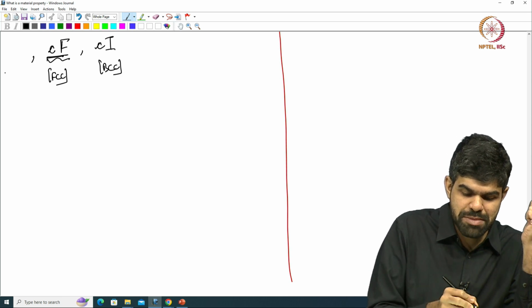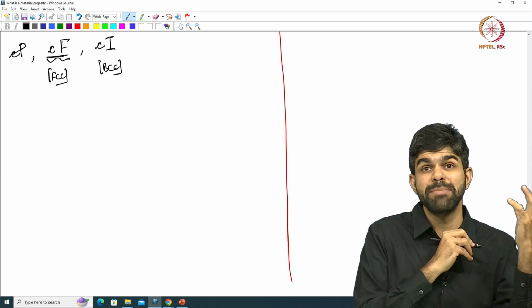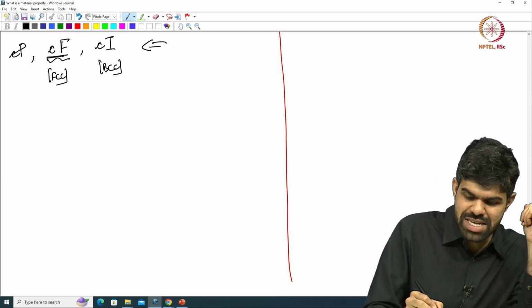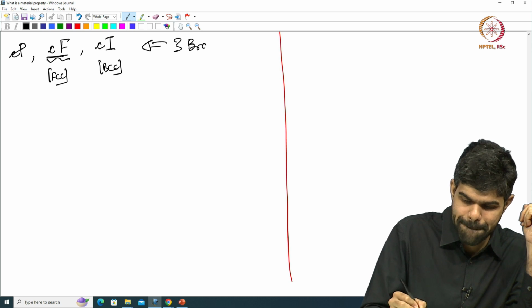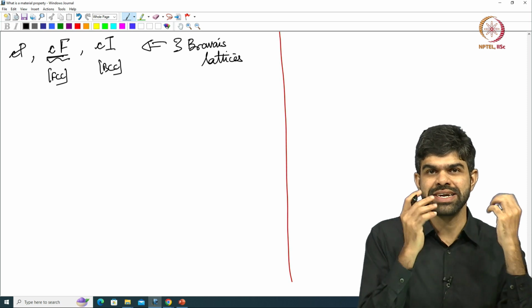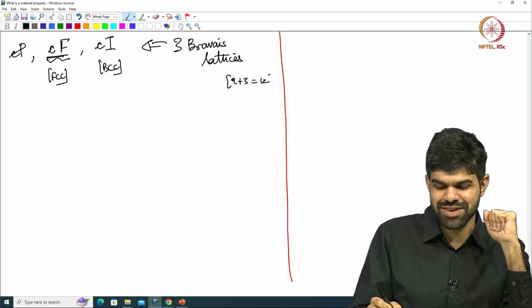You can also have a primitive cell, right. So, CP is the primitive cell, right. So, that is a simple cubic structure, right. So, these are the 3 Bravais lattices that a cube would add, right. So, now 9 plus 3, 12, all right.